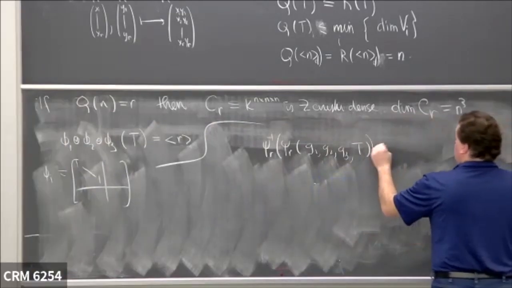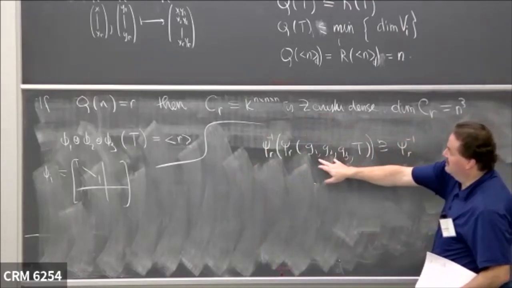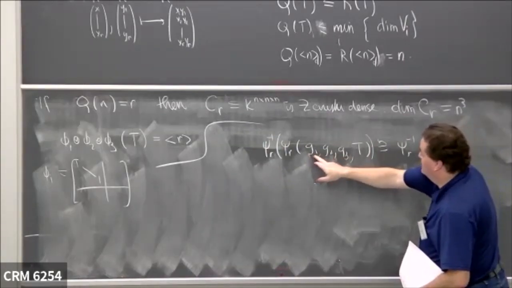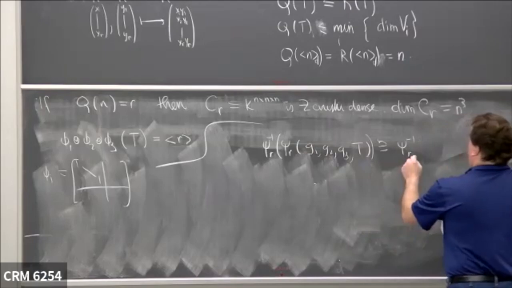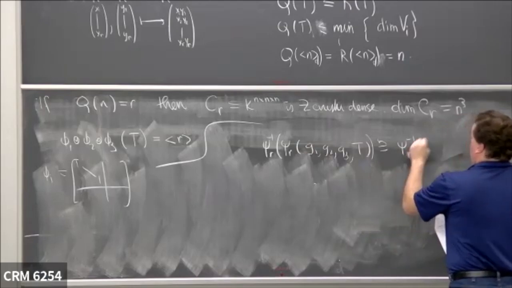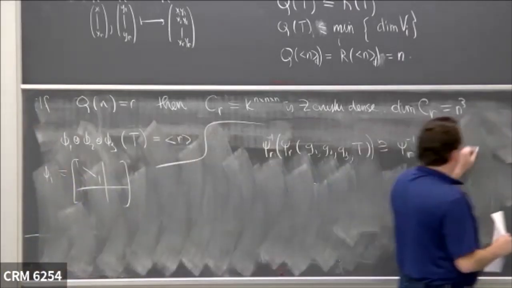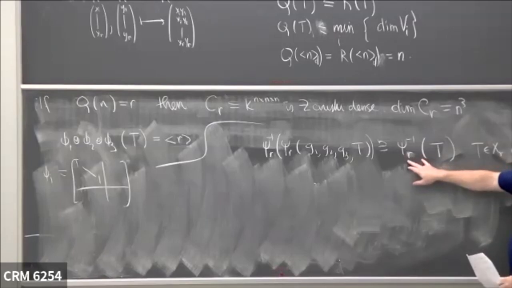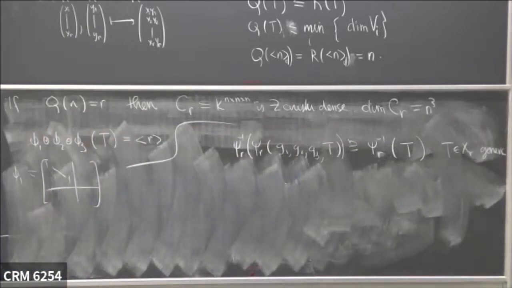Actually, it's a variety. This is isomorphic to where we take g1, g2, and g3 to be identity, just using the symmetries that everything has. And then if these are identity, it just maps to T. But this is really isomorphic to phi_R inverse of T, where T is some element in X_R, and let's say sort of generic. And so the question is what is the dimension of that? That would be the dimension of the generic fiber.